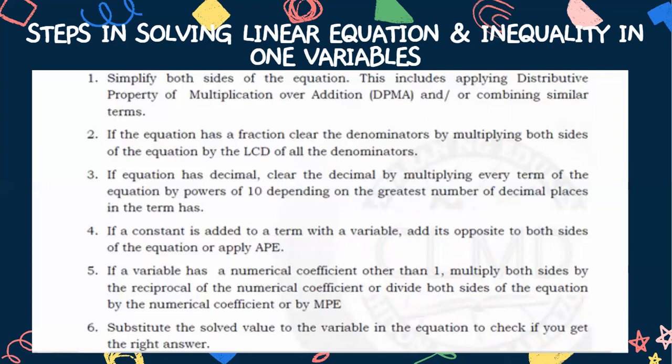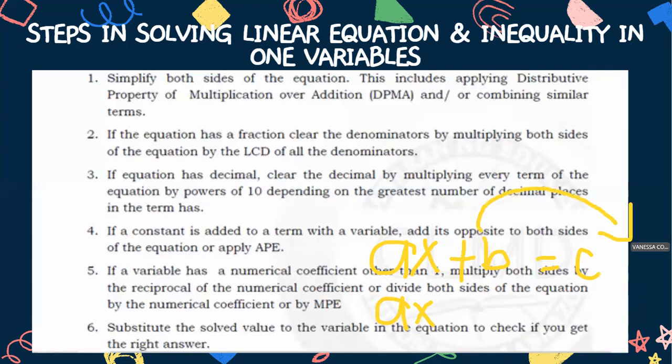Transpose. Magta-transpose tayo. Example, ax plus b is equals to c. So, dito 'di ba nag-add tayo ng opposite. Dito naman, magta-transpose lang tayo. So, magiging ax. When we say transpose, ililipat natin itong constant dito sa kabila.